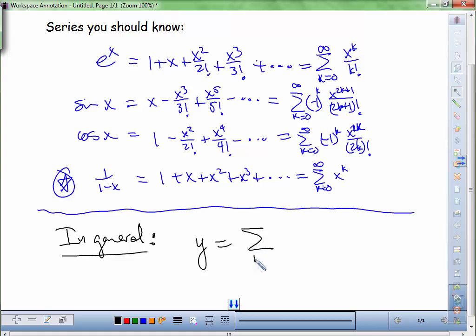There eventually will be some sort of pattern. But a series can be written as some constant times x minus some value to the kth power. And all these series that we were talking about are all centered around 0. So x naught is equal to 0. And I think we called it a Maclaurin series.